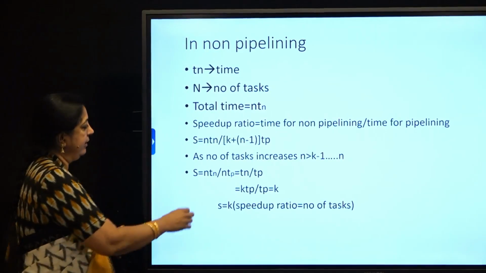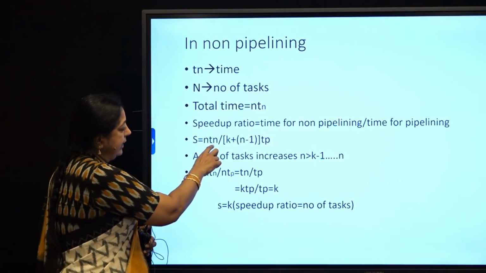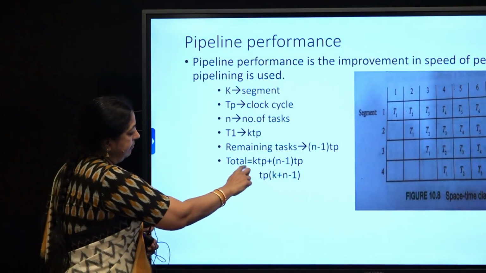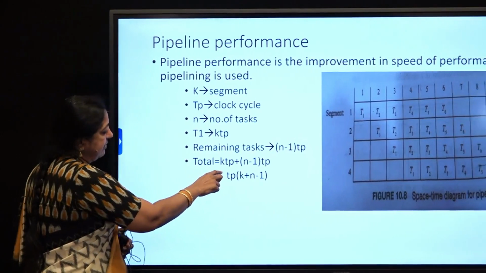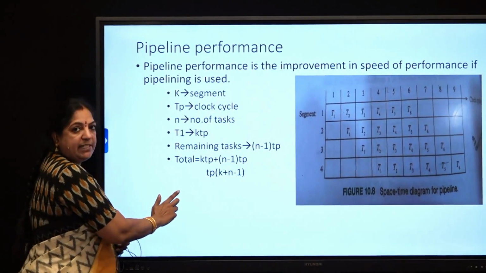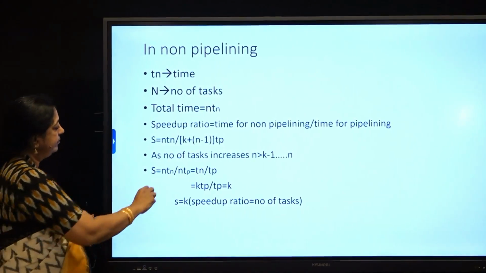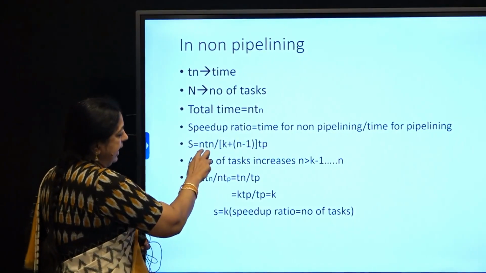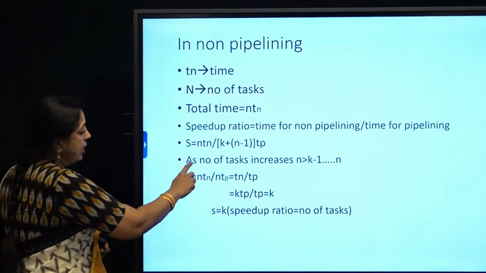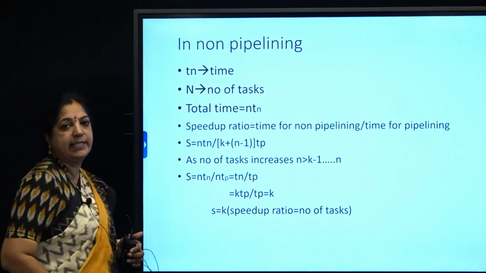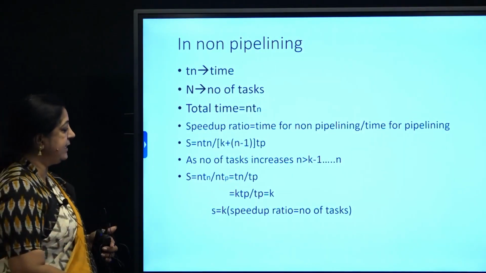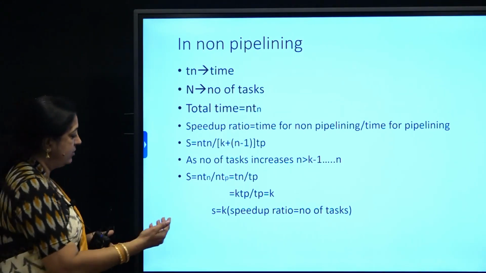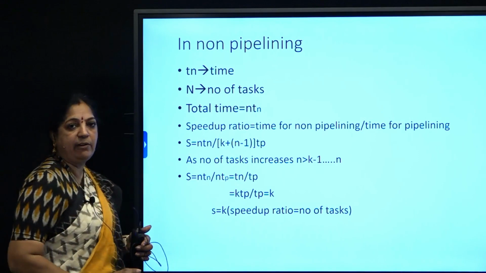S is equal to N into Tn divided by the pipelining performance, which is K plus N minus 1 into Tp. So as the number of tasks N increases, the speed up ratio will increase. So the speed up ratio is nothing but the number of tasks.